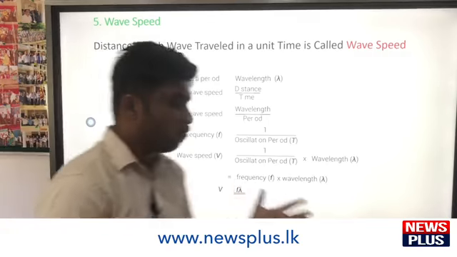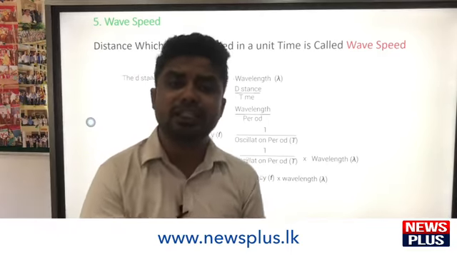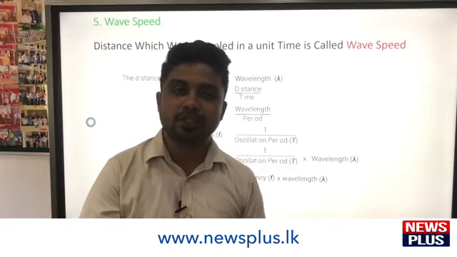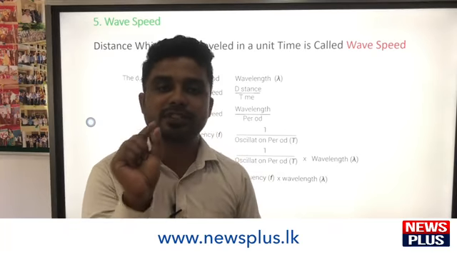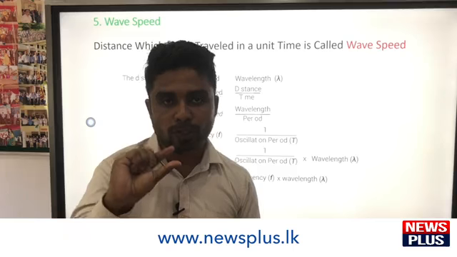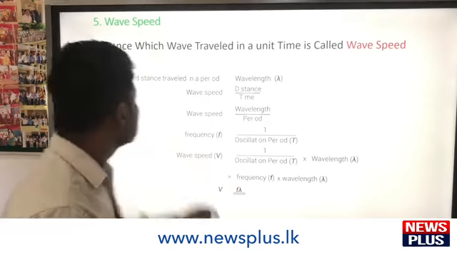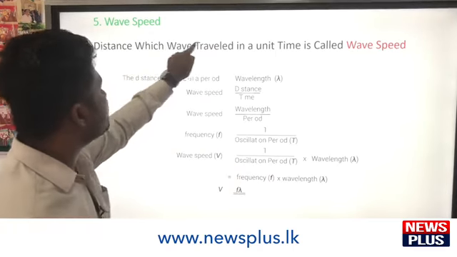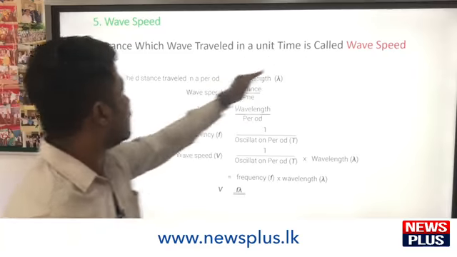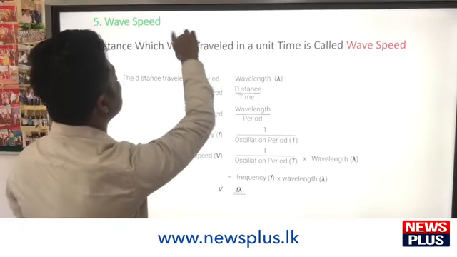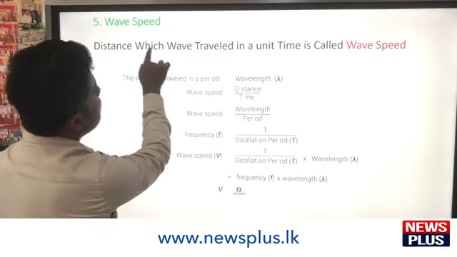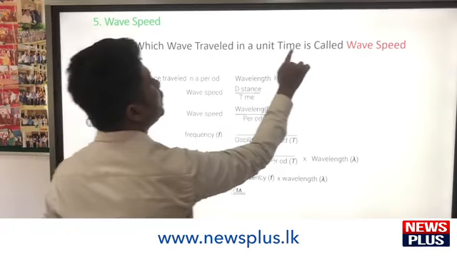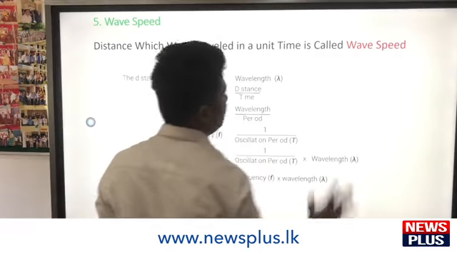As we know, what is speed normally in a straight direction? The distance traveled in a unit time is called speed. Like that, the distance which a wave travels in a unit time is called wave speed.